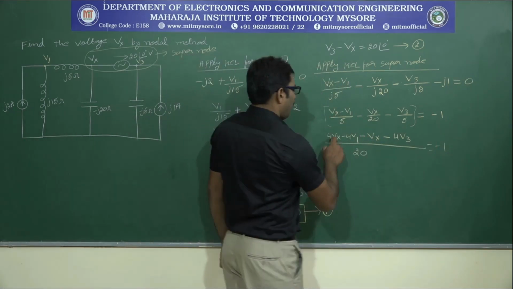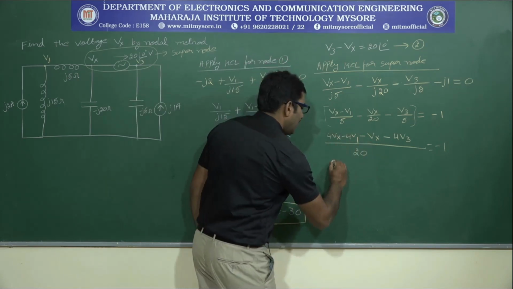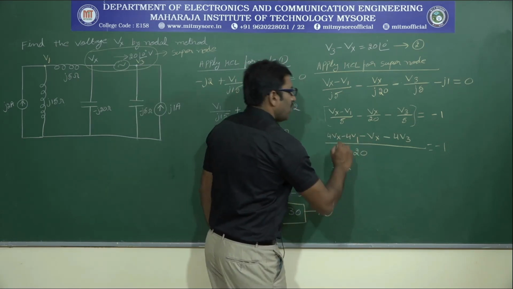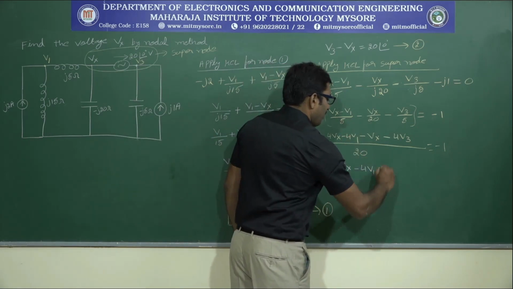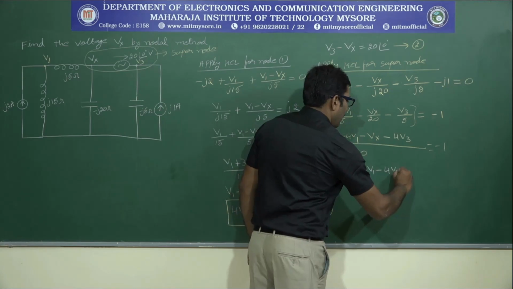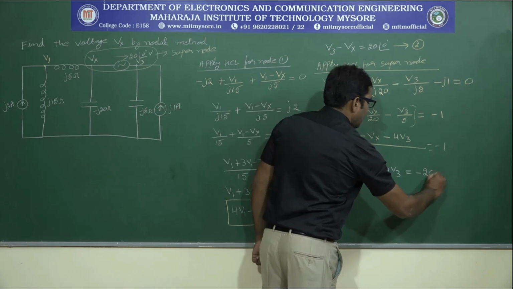Next, 4Vx minus Vx, 3Vx minus 4V1 minus 4V3 is equal to 20 into minus 1, minus 20.